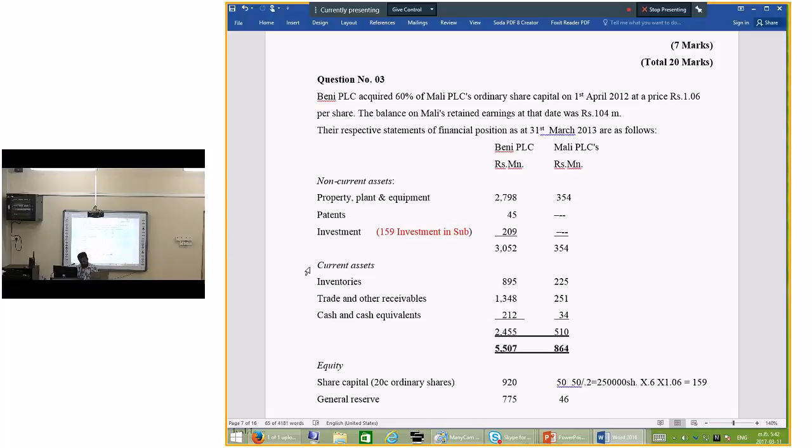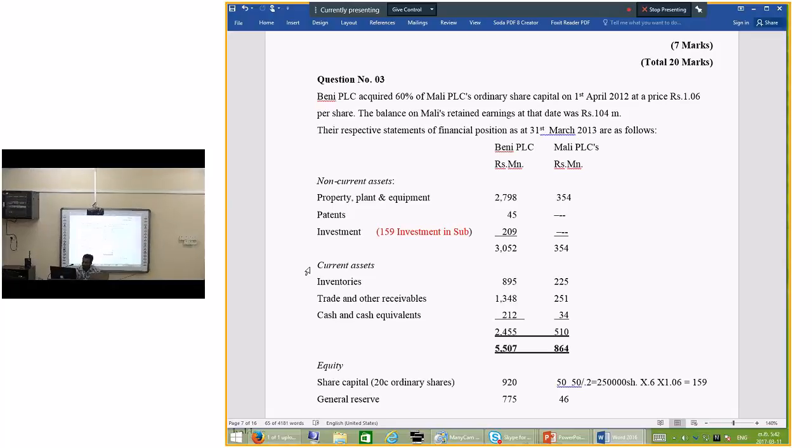What is the reason to give it? It is given to calculate the fair value of NCI. Can you remember I told you? If the share price of the subsidiary on the acquisition date is given, based on that you can calculate the fair value of NCI. Non-acquired shares times the share price on the acquisition date.